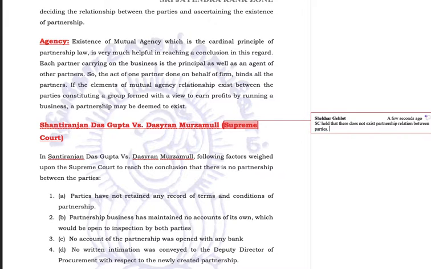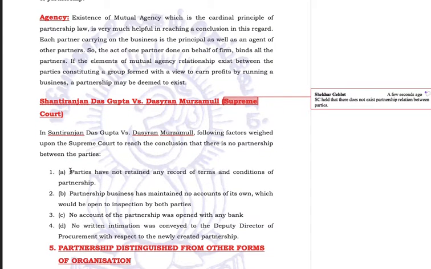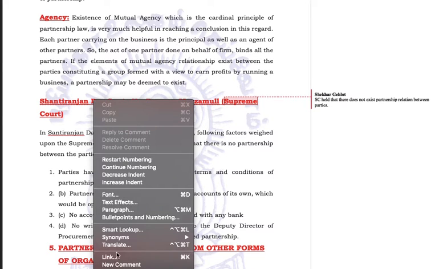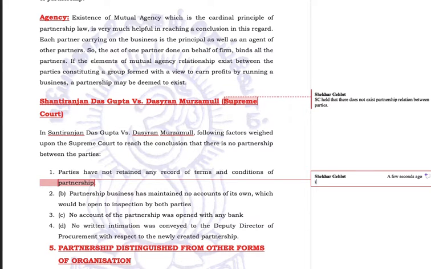Now, for deciding such, what were the factors which were taken into consideration by the Supreme Court? Let us read them. The first one is: parties have not retained any record of the terms and conditions of the partnership. Okay, that means it was based on an oral understanding.